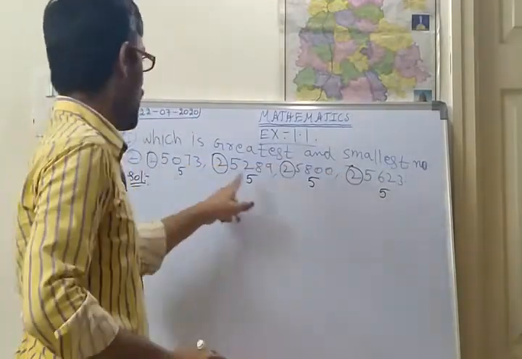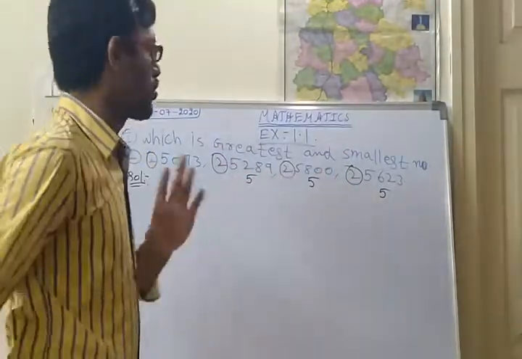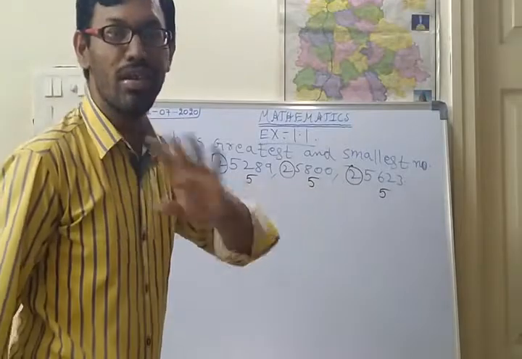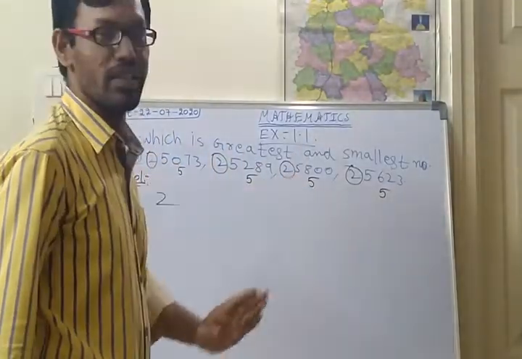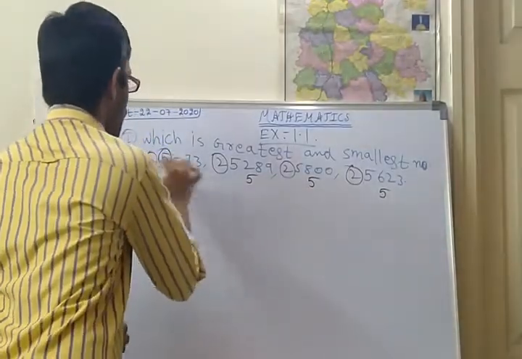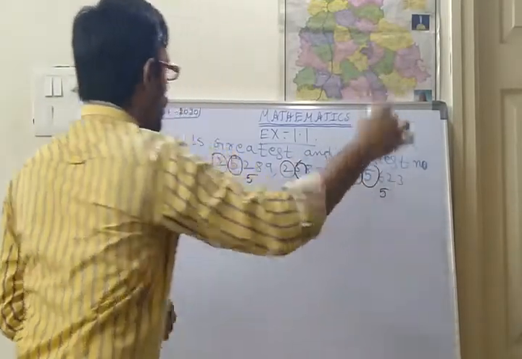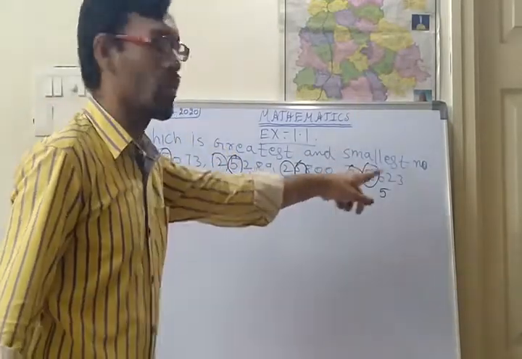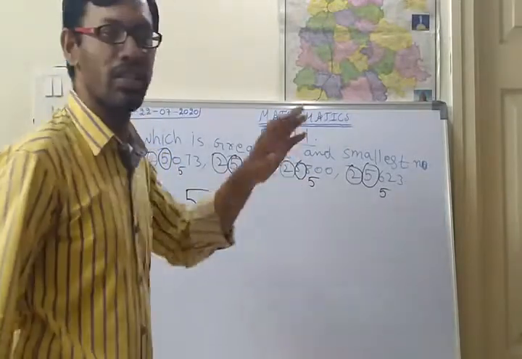In all the numbers the first digit is the same, that is 2, so with the first digit we can't say the greatest number. So we should take the second digit. Here the second digit is 5, here 5, here 5. With the second digit also we can't say, because in all the numbers the second digit is 5.